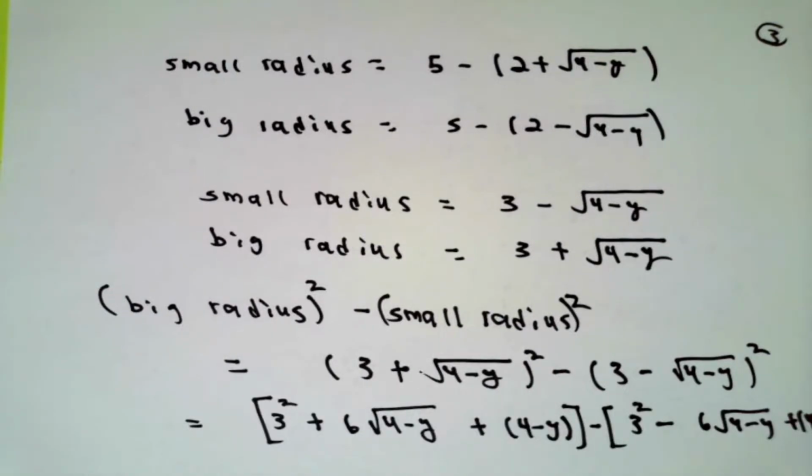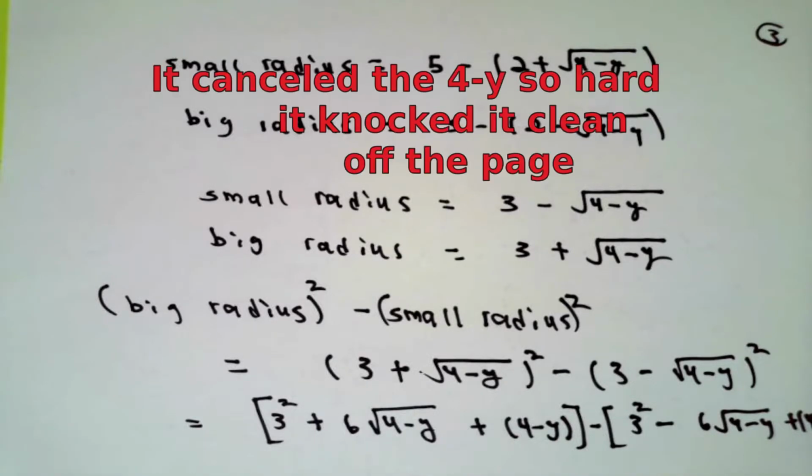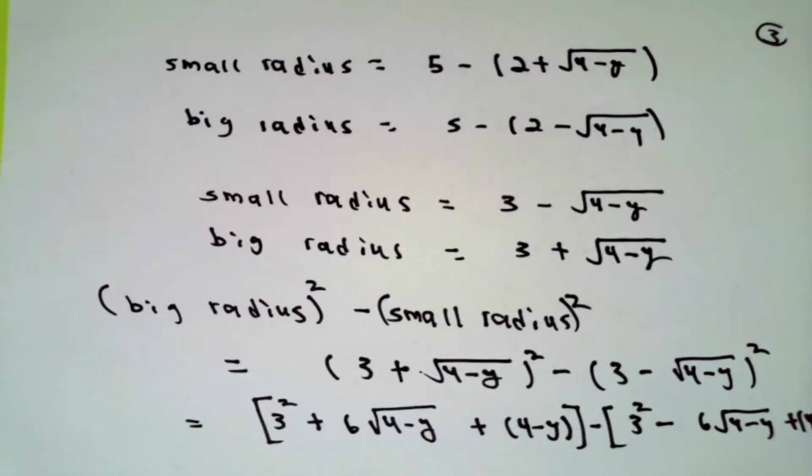In the subtraction, 3 squared cancels out. The terms at the end, the 4 minus y, cancel out, leaving 6 radical 4 minus y. Minus minus is plus, so that's going to give 12 times the square root of 4 minus y.